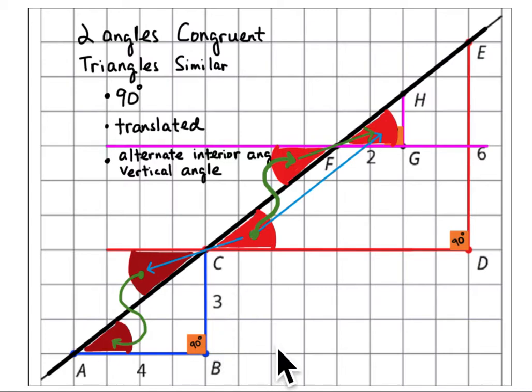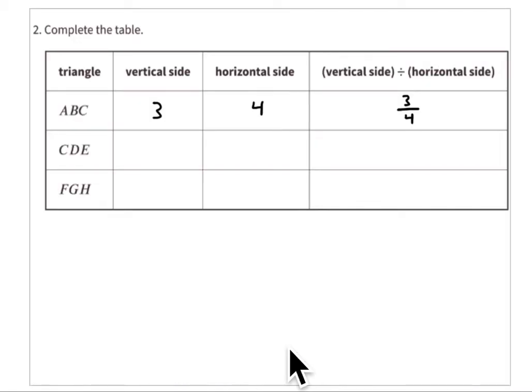And those ratios between, we did this before, the ratios of two sides within a triangle, if that ratio is equal to the ratio of corresponding sides within another triangle, then those triangles are similar. Kind of messed that up, sorry.